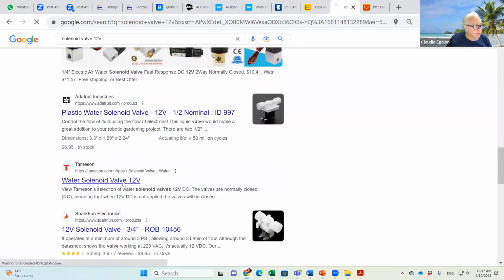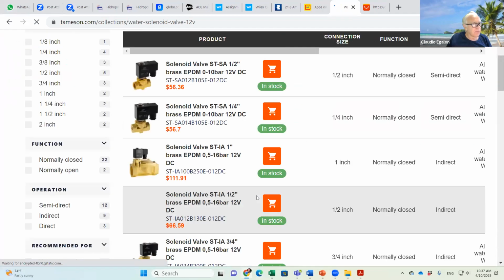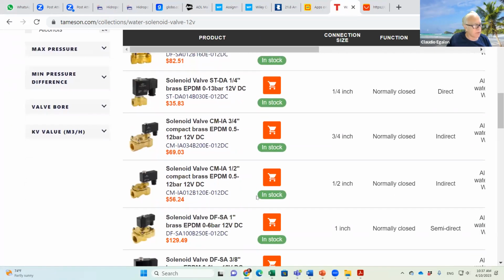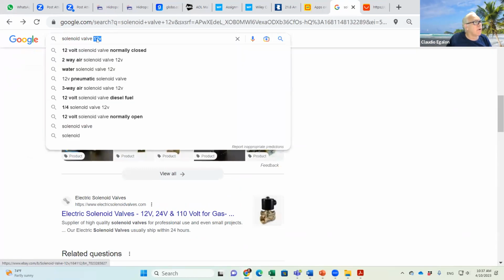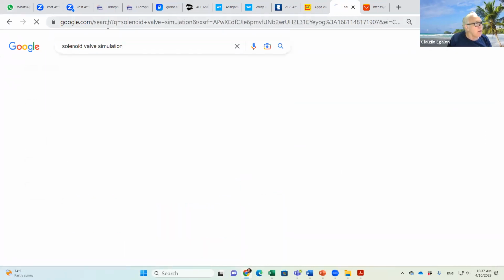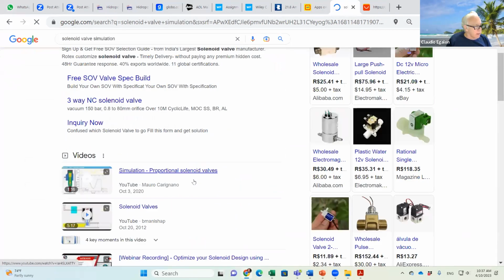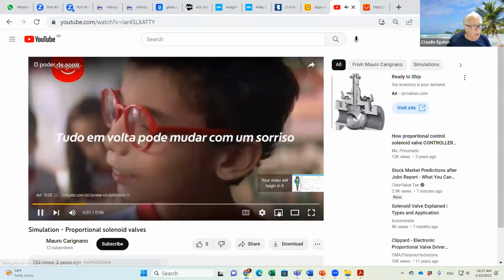Water solenoid valve, 12 volts. All the drawings there. Unfortunately, they do not have a simulation. Let's see if they have a simulation out there. Solenoid valve simulation. It would be nice to. Let's see, simulation proportional solenoid valves. Let's see if this one works well.